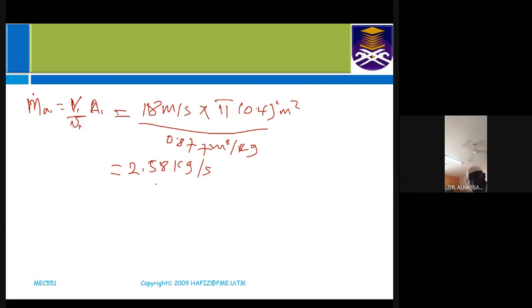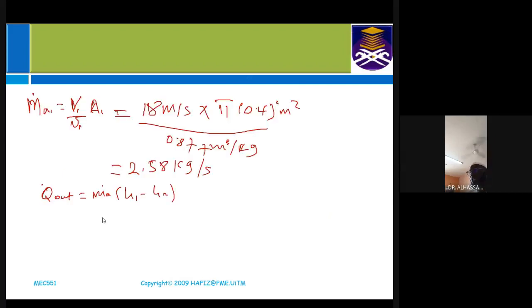Right? So now we can easily determine our H2, because we know Q out equals MA times H1 minus H2.